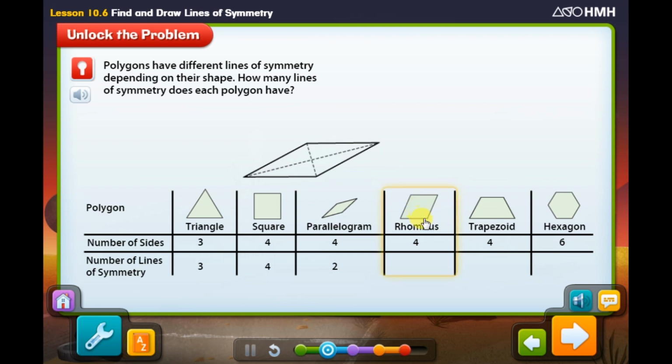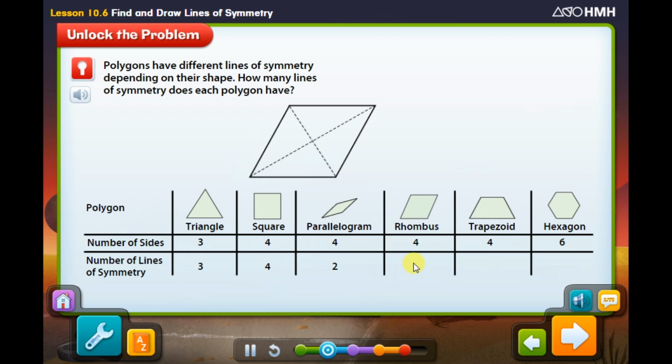It will give me two similar triangles. And the other diagonal also. It will give me two similar or matching triangles. So also we have two lines of symmetry, like the parallelogram. The rhombus can also be folded two different ways, so the parts match. It has two lines of symmetry.